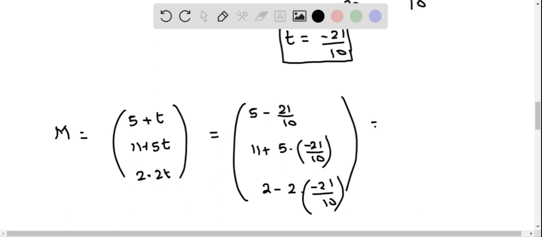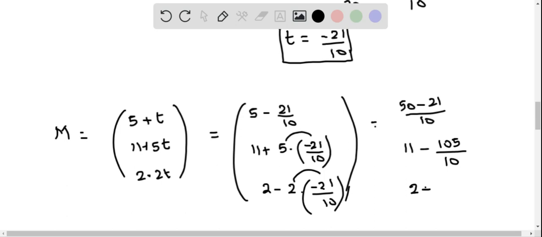Let's calculate this. This is 50 minus 21 over 10, and this equals 11 minus 21 times 5, which is 105. So I put negative 105 divided by 10. We have a negative 2, so it is 2 times 21 equals 42. So it is 2 plus 42 over 10.